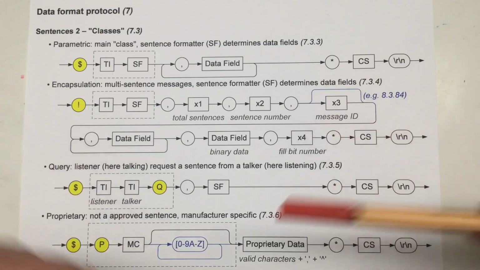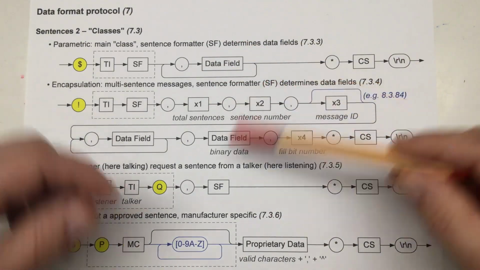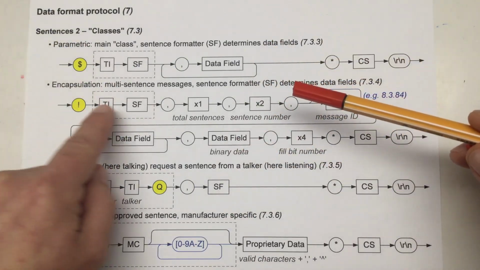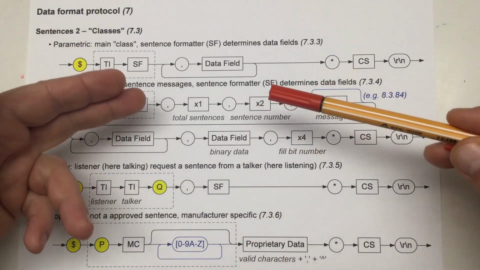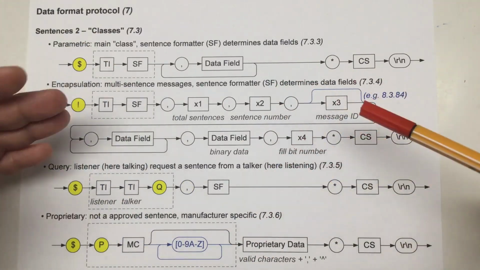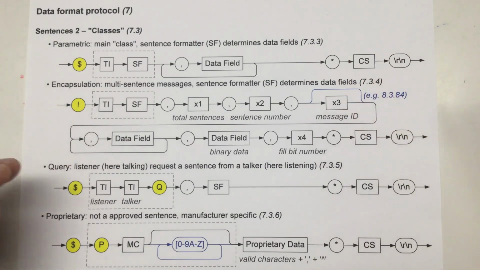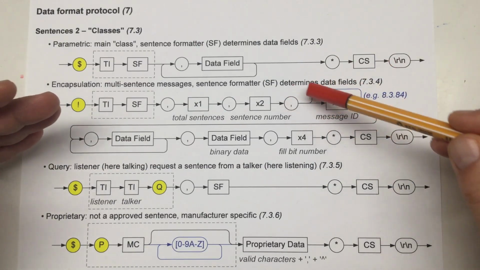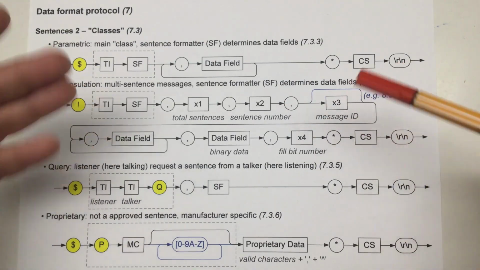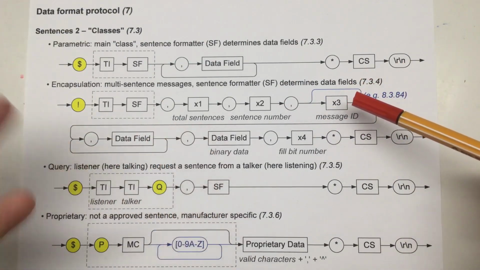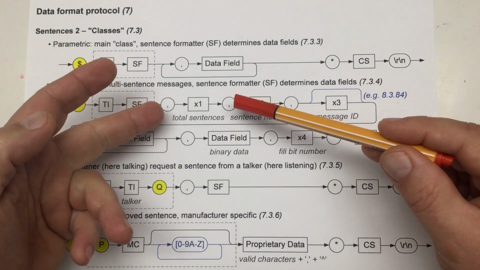Its purpose is to allow you to make sense of your x1 and x2 field in case you are transferring several multi-sentence messages interleaving, that is in parallel. The standard doesn't mention it at that point, but this field is actually optional. So later on, and therefore here in blue, you see you can skip that field if the total number of sentences in your multi-sentence message is just one.